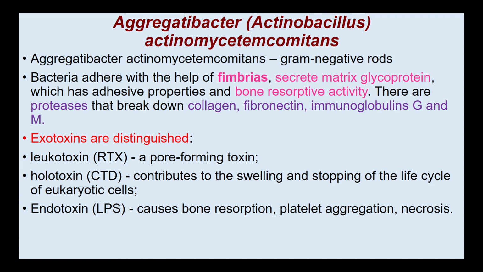One of these is leukotoxin, a pore-forming toxin, forming pores in the membrane of infected cells, and other cytolethal toxins contribute to the swelling and stopping of the life cycle of eukaryotic cells. Another also destroys eukaryotic cells.